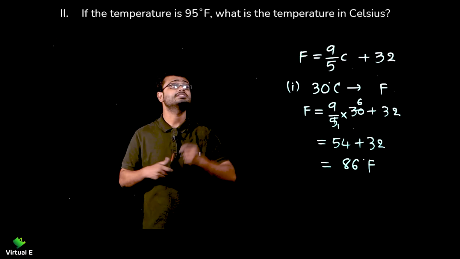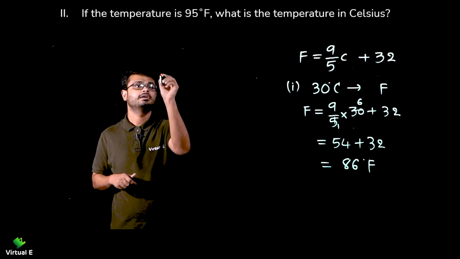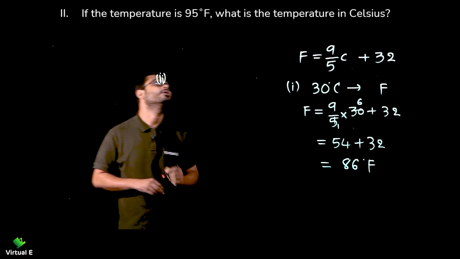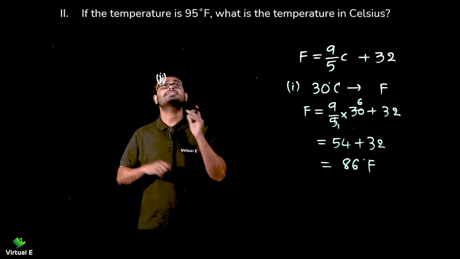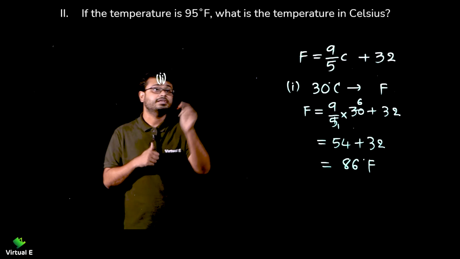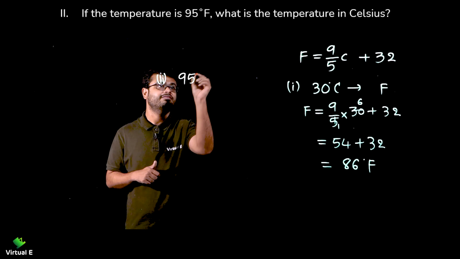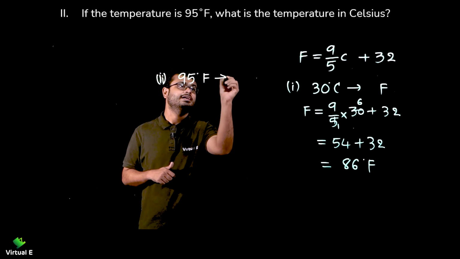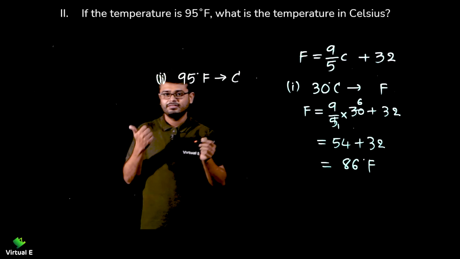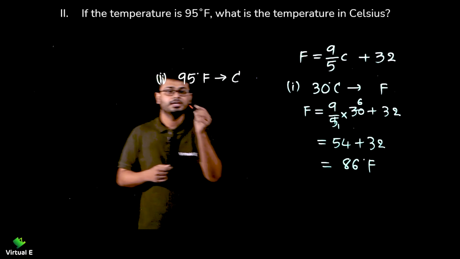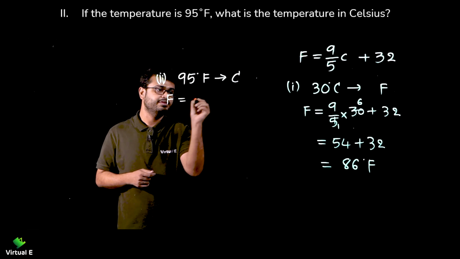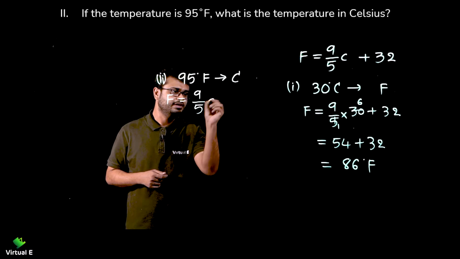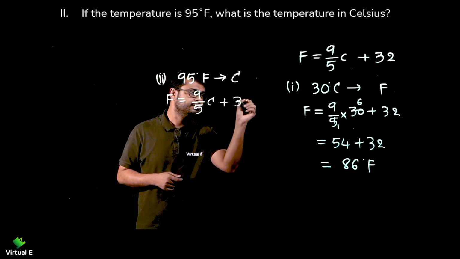Let's move on to the next one. See what's given in the second part. If the temperature is 95 degrees Fahrenheit, it is given in Fahrenheit, then get the answer in Celsius. Very simple. So the relation is F is equal to 9 by 5 into C plus 32.